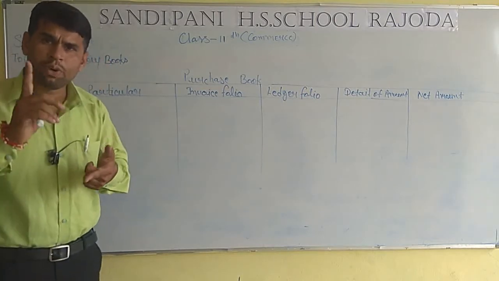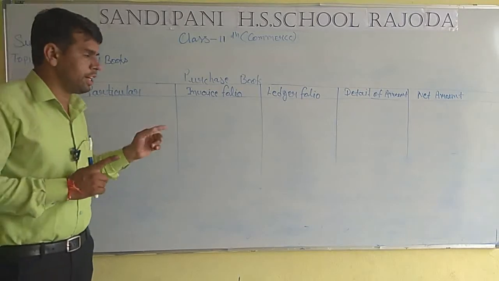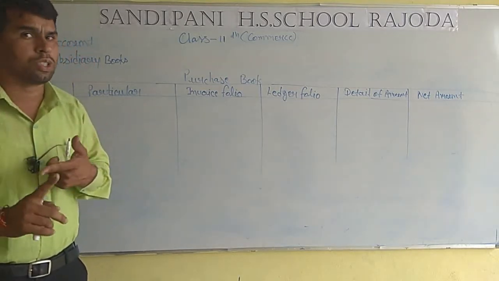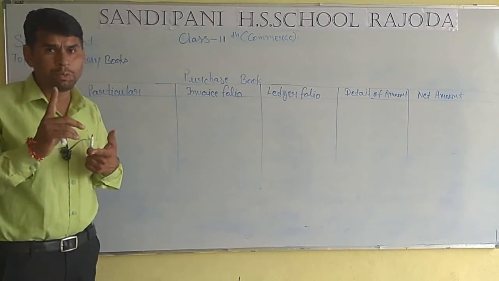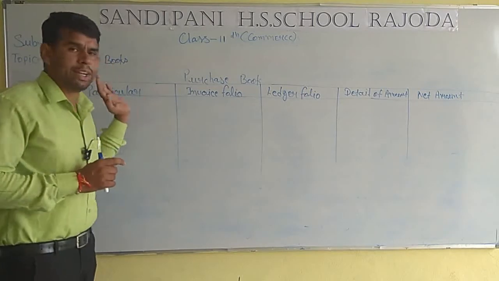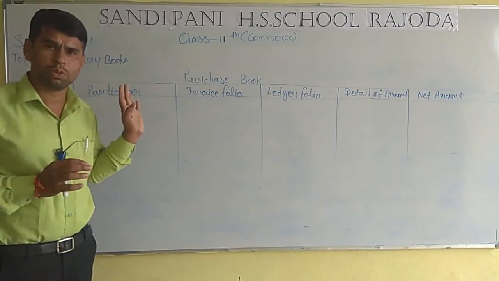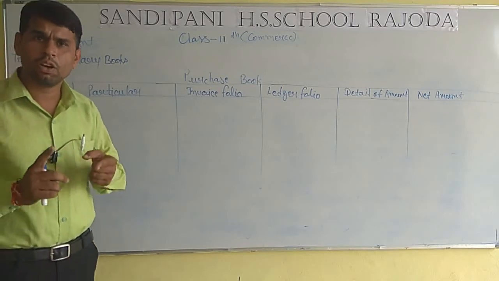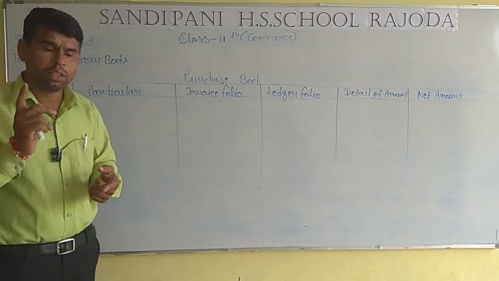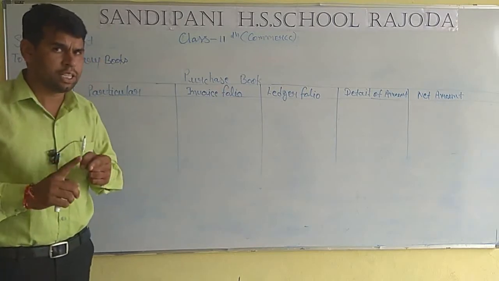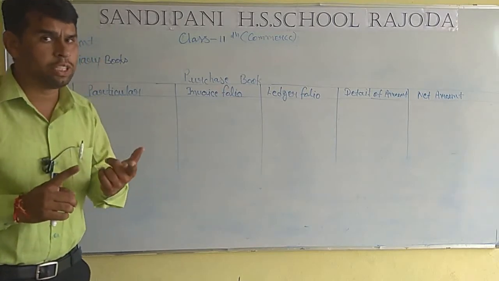Only one transaction you have to write. Which transaction? Credit purchase of goods. Again I am repeating, credit purchase of goods you have to write in the purchase book. We will write only credit purchase of goods, and you have to deduct trade discount from the invoice price.